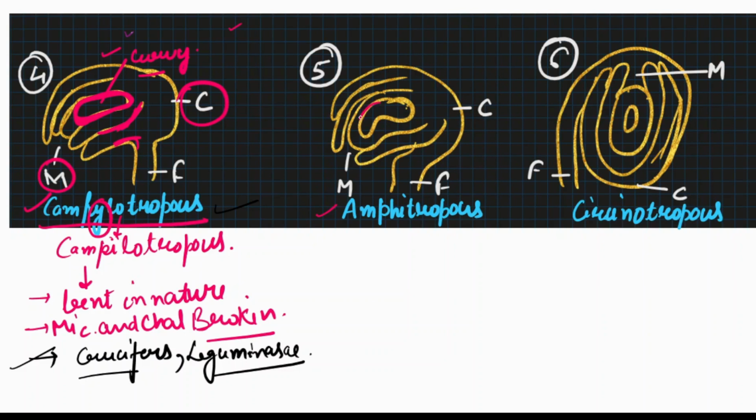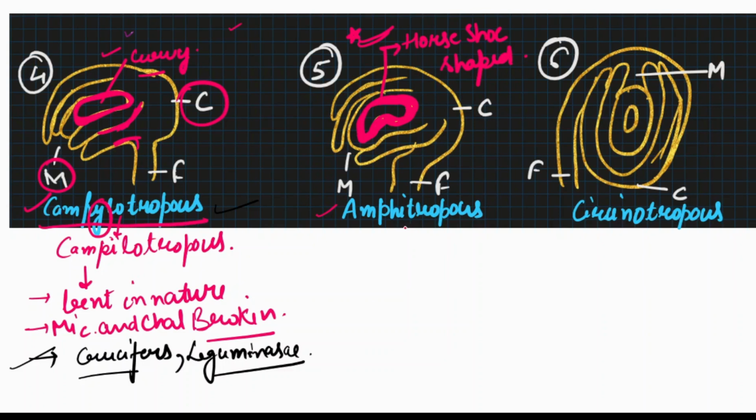What is amphitropous? If you look here at the embryo sac, we know it is the middle part of the ovule which contains the female gametophyte. The structure of the embryo sac is horseshoe shaped. This point is very important: in which type of ovule is the embryo sac horseshoe shaped? The answer is amphitropous.